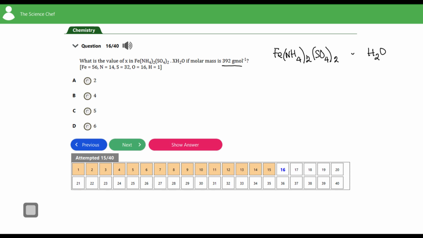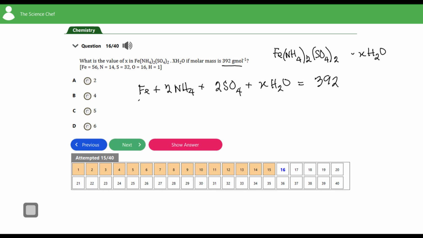So what we are going to do is to add up everything here and then equate it to the molar mass, and from there we find the unknown. I'm going to be fast here, I won't spend much time doing this. So I'll do Fe plus 2NH4, plus 2SO4, plus XH2O, giving us 392.